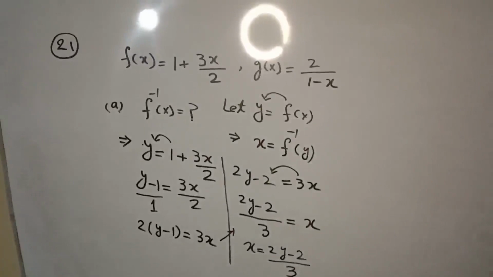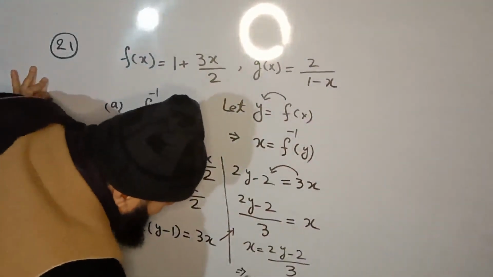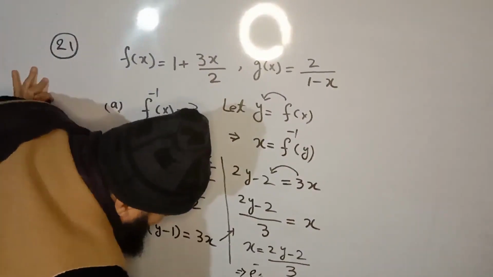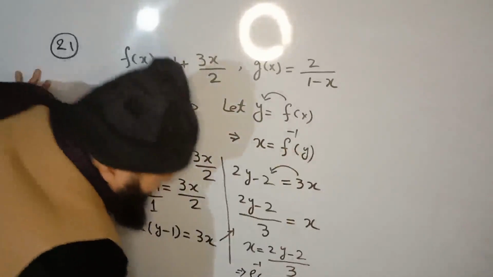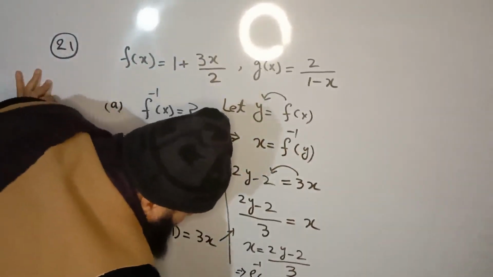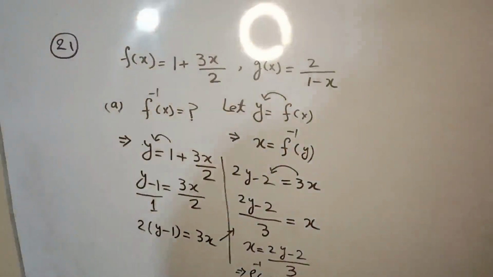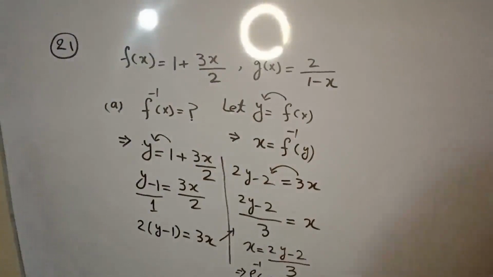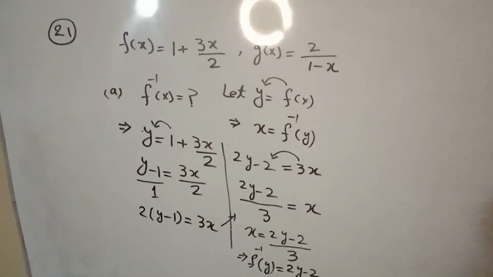Therefore, we can write f inverse of y is equal to 2y minus 2 whole divided by 3.